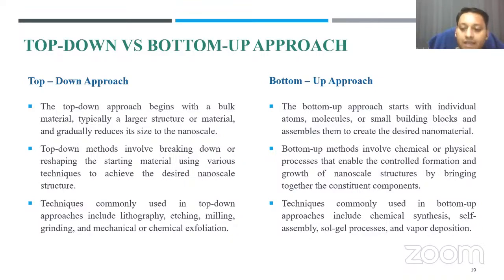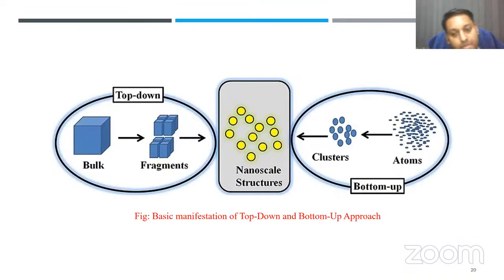The techniques used are mostly chemical methods like chemical synthesis, self assembly, sol gel processes, and vapor deposition processes. It is depicted here. This is the top down approach, where from the bulk form we move to the nanoscale, and the bottom up from the molecule and atom form to the clusters, then the nanoscale.